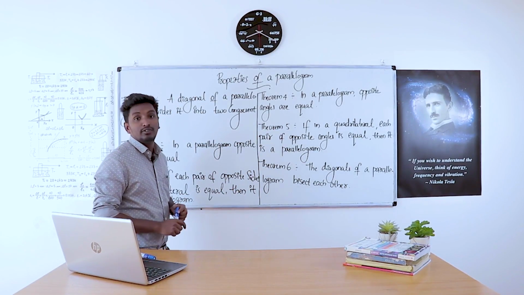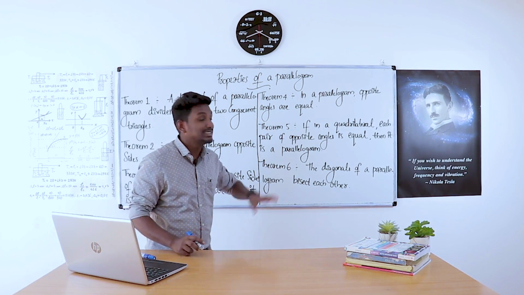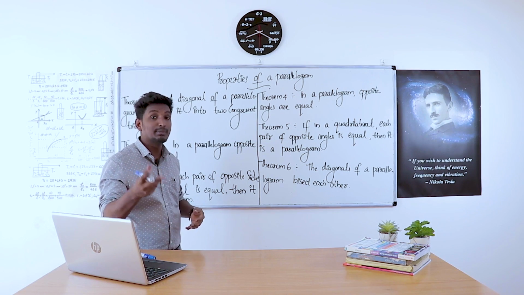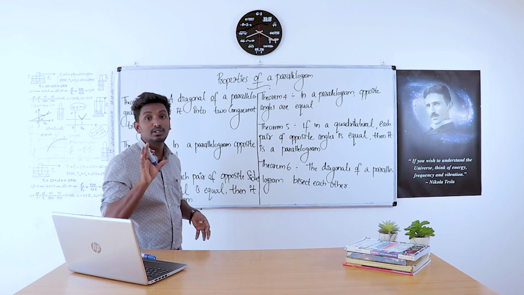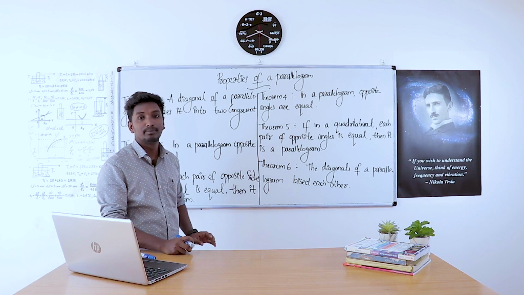Next to the basics of quadrilaterals, we need to study the properties of a parallelogram. That's an important topic in this chapter. You all know what a parallelogram is, and you are able to explain or define it.